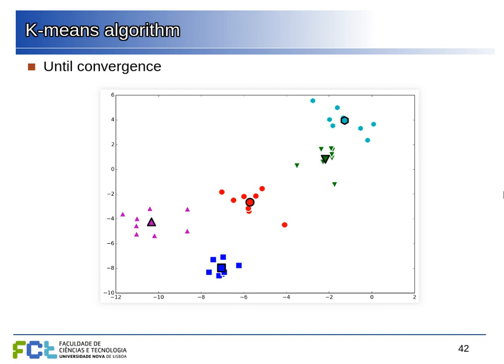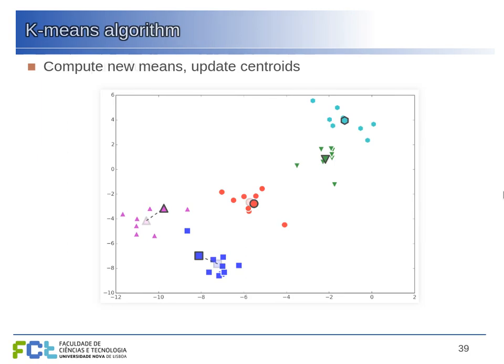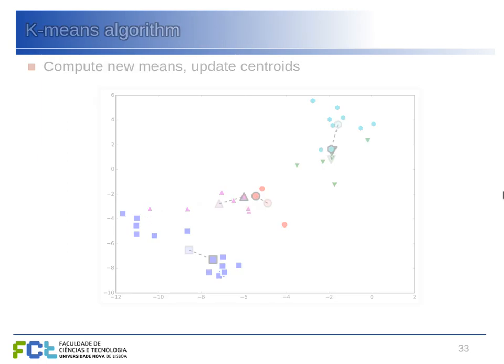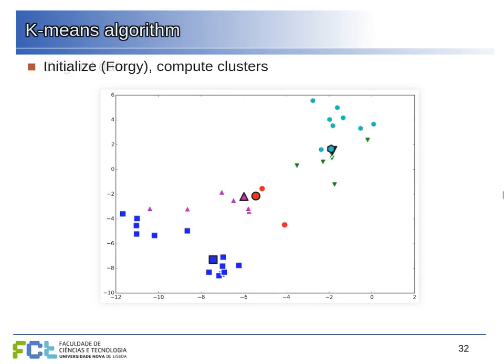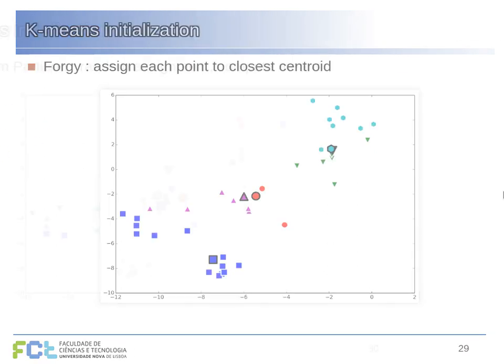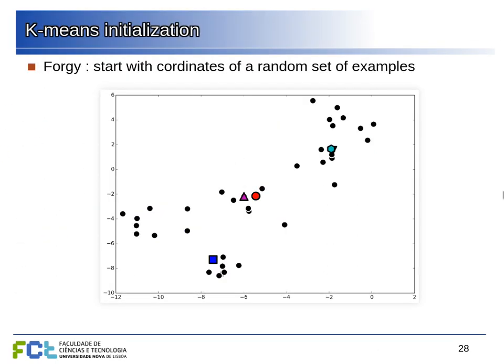The first set of centroids. There are many different ways of initializing, but if you use Forgy initialization, you choose at random a subset of your examples.